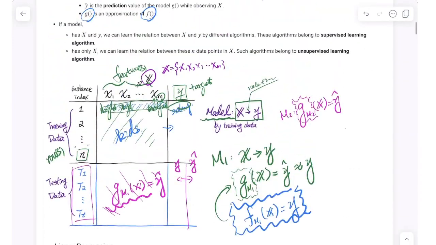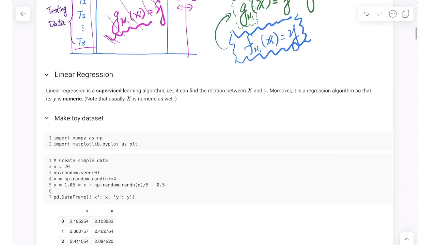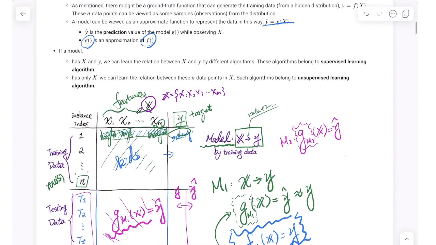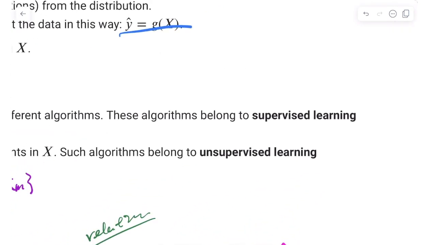So right here we would like to introduce our very first algorithm, which can help us find the model of big X and y, which is called linear regression. Before that, I would like to talk about this one. Sometimes the table we obtain is like this.